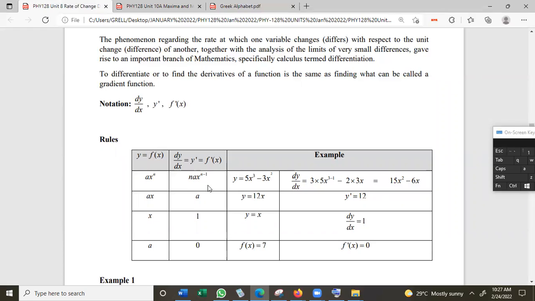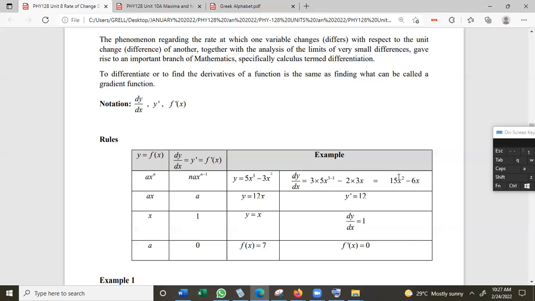Here you have an example, 5x to the 3 minus 3x squared. 5 takes the place of a, 3 takes the place of n. dy dx would be: you multiply 3 by a, as can be seen in the rule, and then you subtract 1 from the exponent. The exponent for minus 3x squared is 2, and 2 minus 1 is 1. You have 15x squared minus 6x.